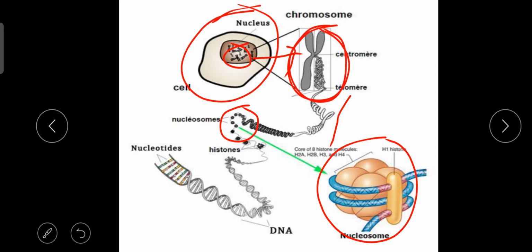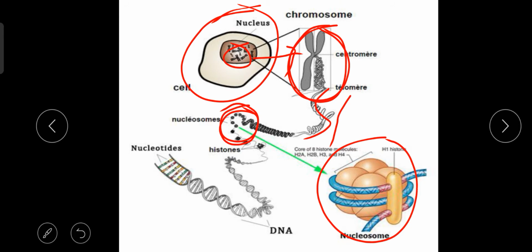During the interphase, these are found as this long structure called the chromatin network. In the chromatin network, the small black bead-like structures are the nucleosomes.